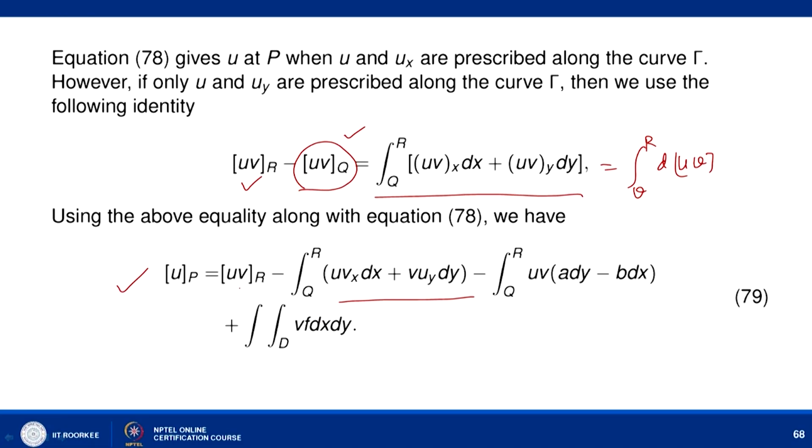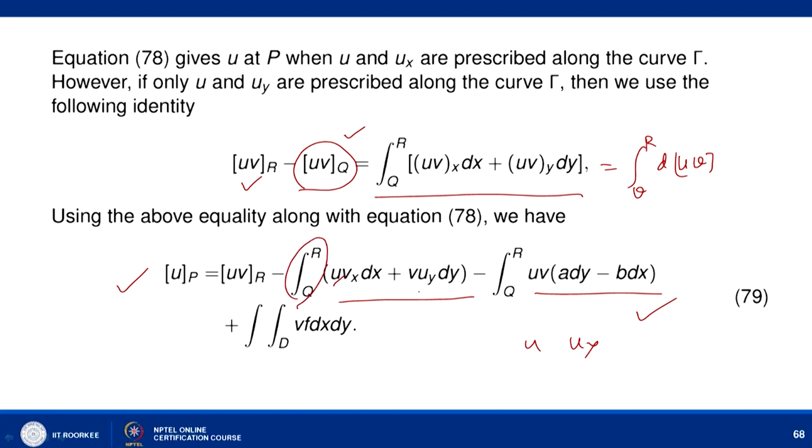So, u at P equal to uv at R minus the integral from Q to R of uv_x dx plus vu_y dy, minus the integral from Q to R of uv_a dy minus v dx, plus the double integral of vf dx dy. So, this equation 79 will give you the solution of u at P when u and u_y are prescribed on the initial curve.